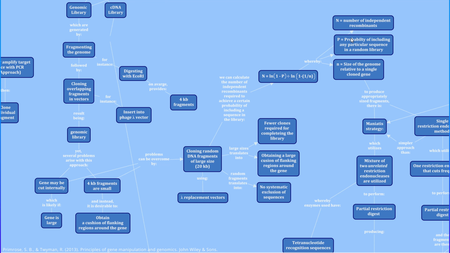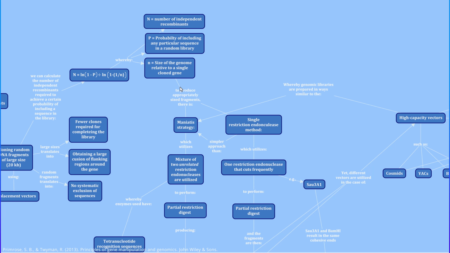And so what you have to recognize here is the capital case N refers to the number of independent recombinants. P refers to the probability of including any particular sequence in a random library. And little case n refers to the size of the genome relative to a single cloned gene. And so the size of the genome relative to a single cloned gene is something to keep in mind.